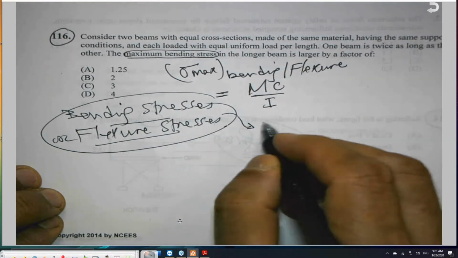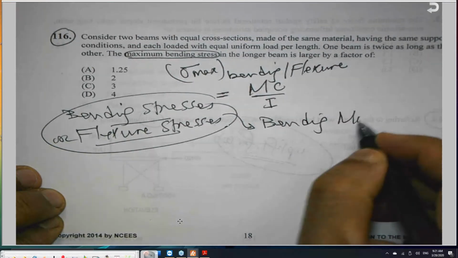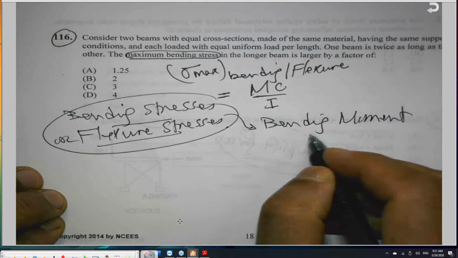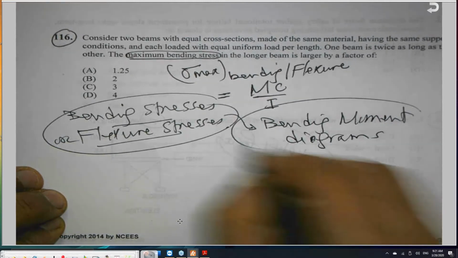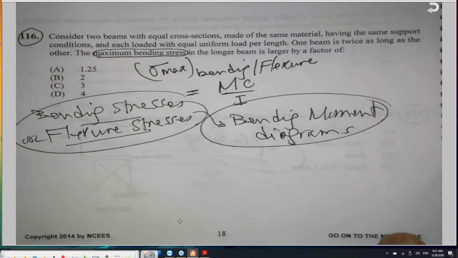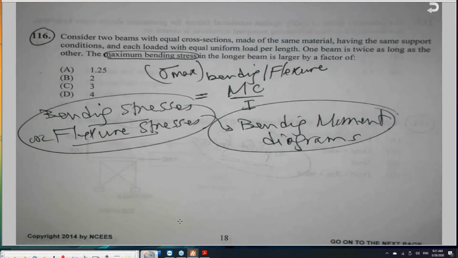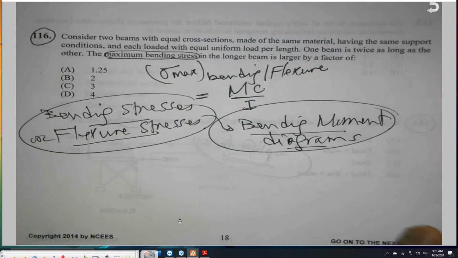So we need to know the bending moment diagrams, because sometimes they can give you a loading and ask you what is the correct bending moment. So bending moment diagrams are another area that we need to be aware of.